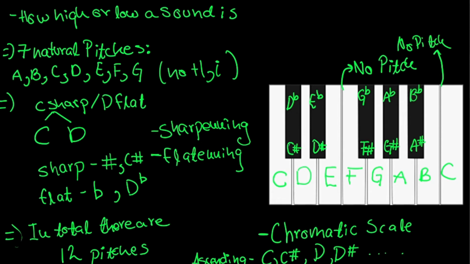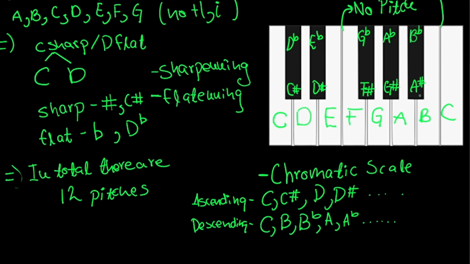So these are called sharps or flats, and these are the black keys on the piano essentially. A sharp is represented with a hashtag, and a flat is represented with a small b, slightly towards the top. And one key can be written as the sharp of the one that comes before it or the flat of the one that comes after it, and I've explained why that's the case.